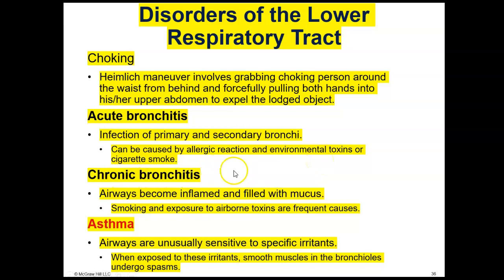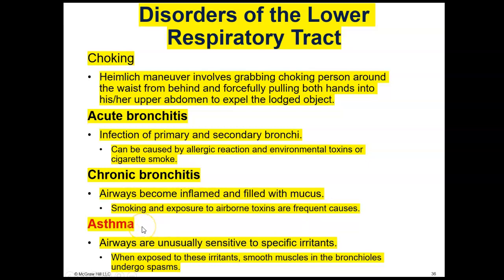And chronic bronchitis is just someone who has bronchitis all the time. And that typically is someone who smokes, or because of their job, they're exposed to airborne toxins frequently. But in chronic bronchitis, the airways become inflamed and filled with mucus.